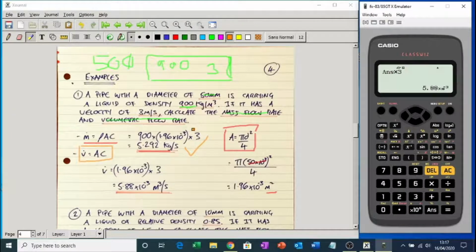So it's not much, because it's only a 50 mil pipe. That's how many cubic meters per second, the volume of liquid or the volume of gas. It's probably oil actually, the volume of oil coming through per second.